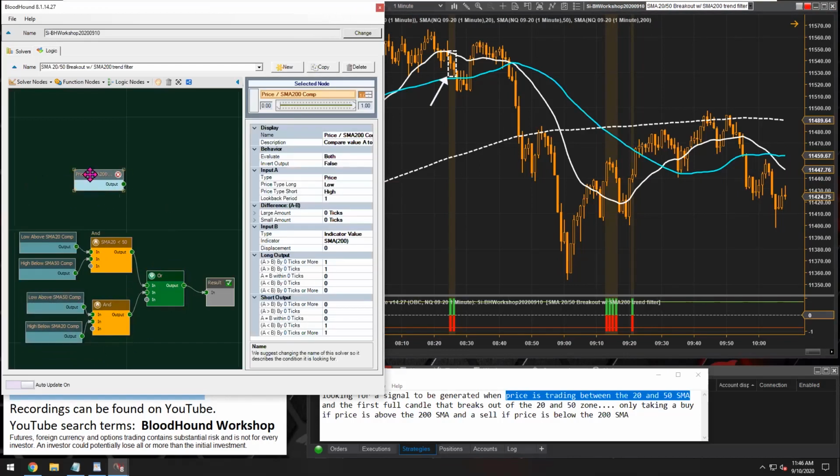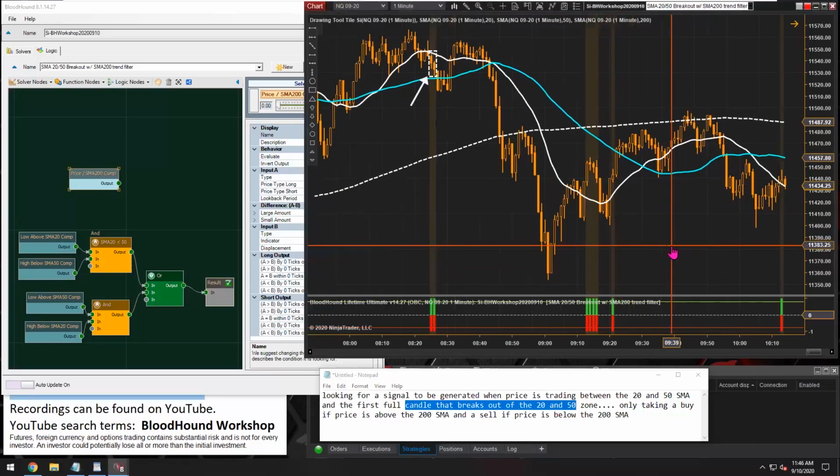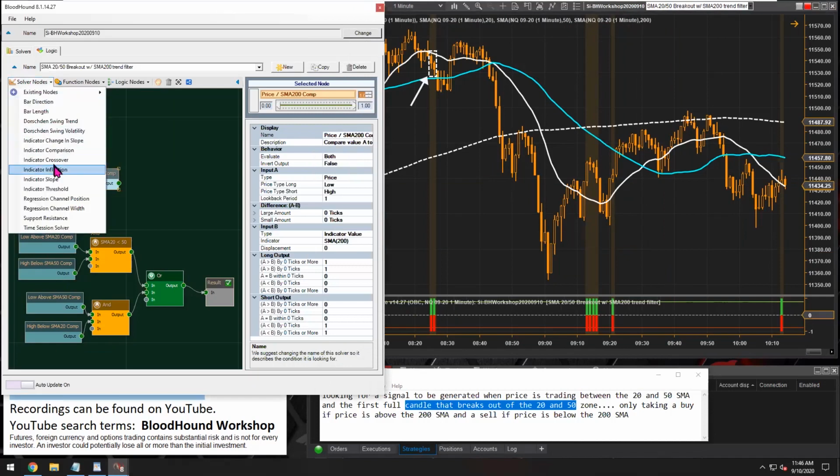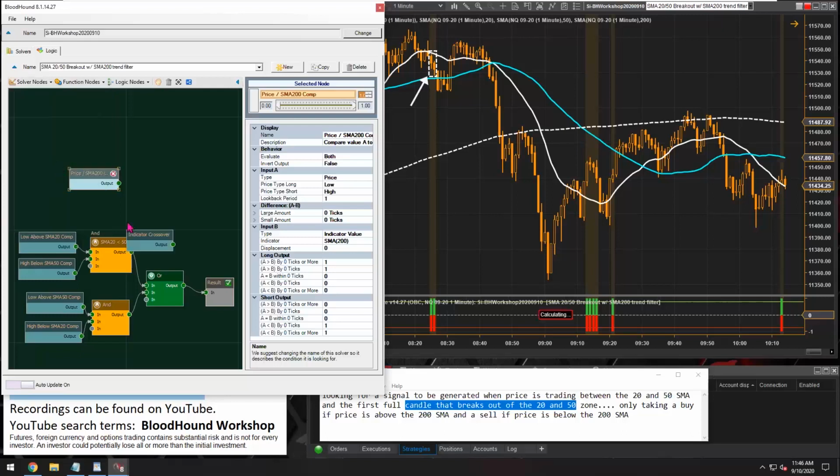All right, and let's see what we need next. So now we're looking for the candle that crosses out of the 20 or 50 zone. So we're going to need a couple of crossover solvers here. We need an indicator crossover solver.